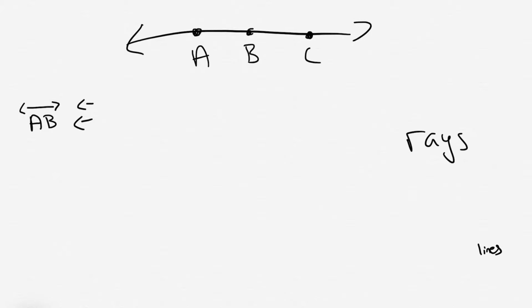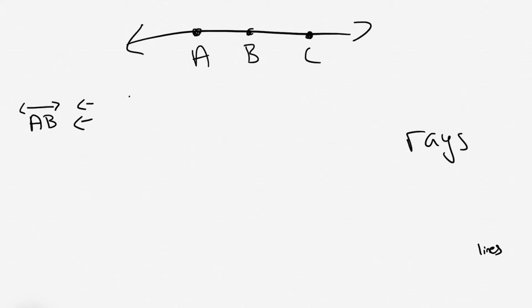So the first part is at the top, and the thing at the top is going to tell you what it is that you're talking about before you even go any further. So it's going to tell you if it's a line, if it's a line segment, if it's a ray, and here we can see that this is a line, okay?